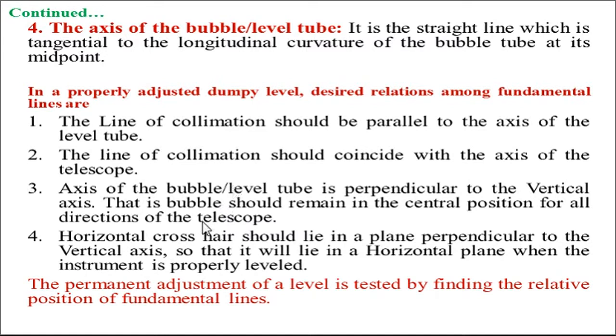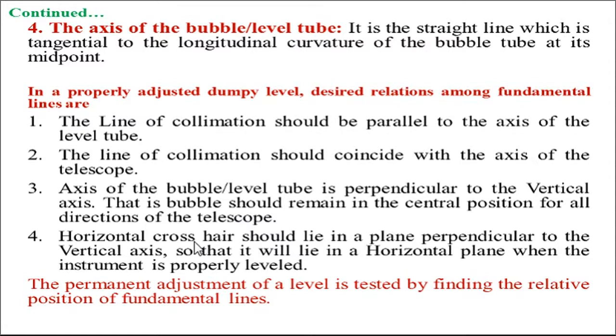Then next relationship, the axis of the bubble tube is perpendicular to the vertical axis. That is, the bubble should remain in the central position for all directions of the telescope when the instrument is in perfect adjustment.